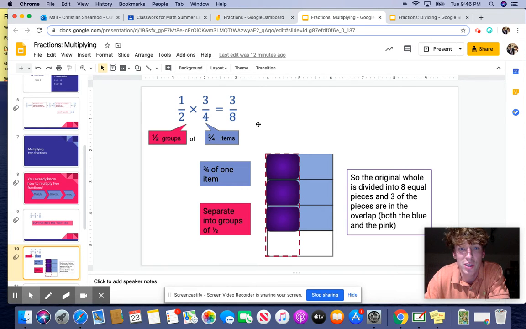So this is pretty much the nitty-gritty of it. It says we have half groups of 3/4 items. 3/4 of one item, separated into groups of 1/2. Guys, if this stuff is not making sense to you, that is fine. Multiply across the top, multiply across the bottom, move on, okay?